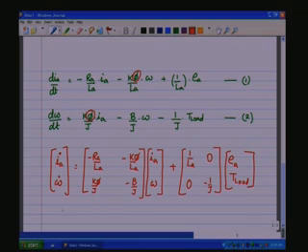So this is of the form x dot equals A x plus B u, the standard form.